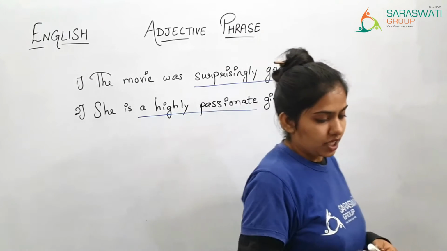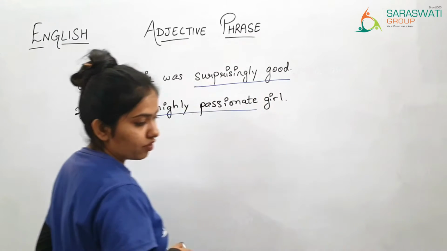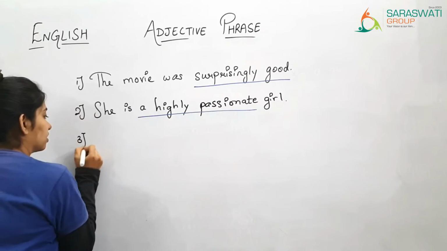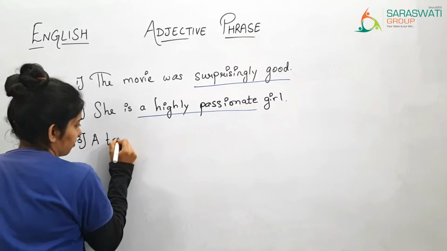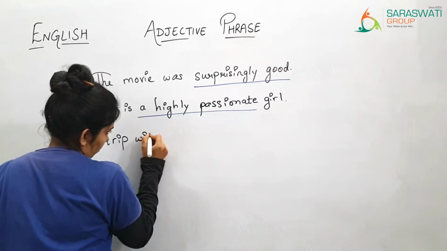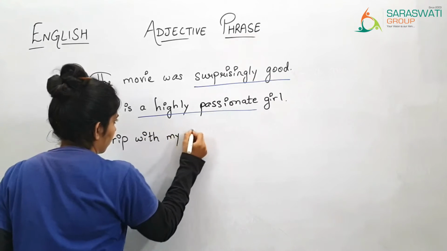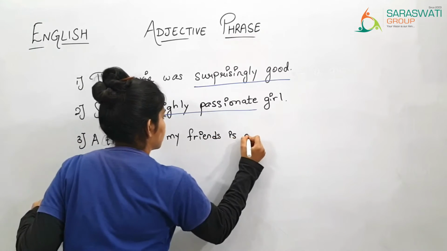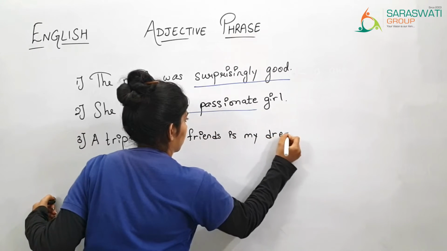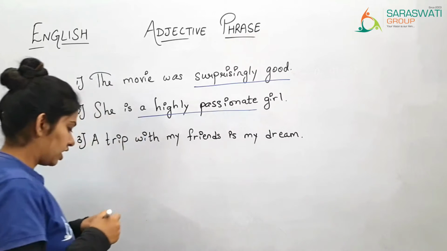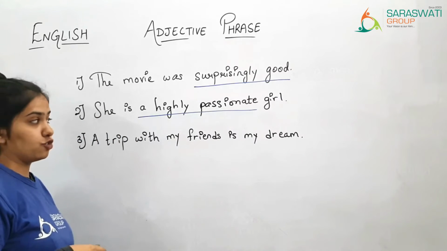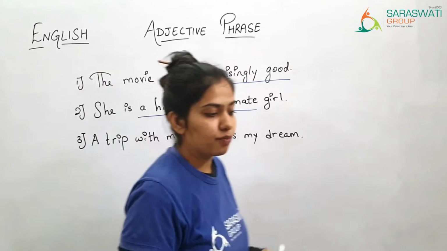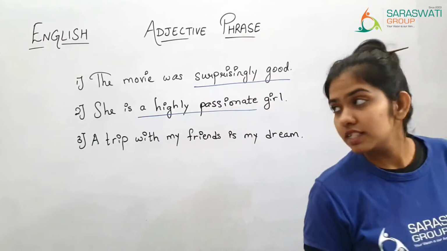Now, in the next one, a trip with my friends is my dream. A trip with my friends is my dream. कि मेरा क्या ड्रीम है? कि a trip with my friends.